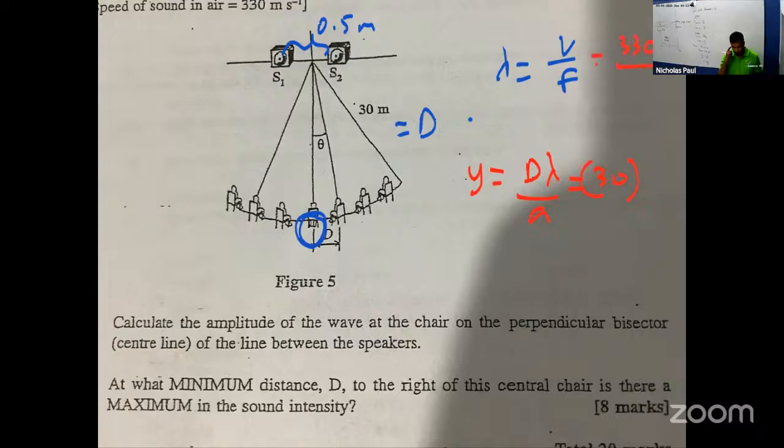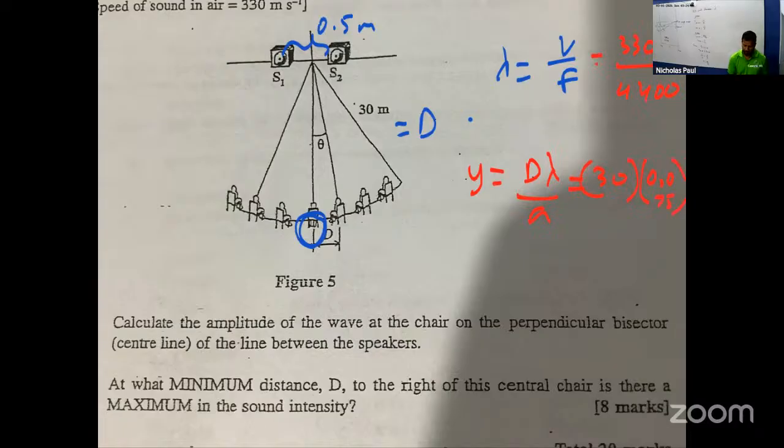So it was 330 over 4400, which is 0.075.